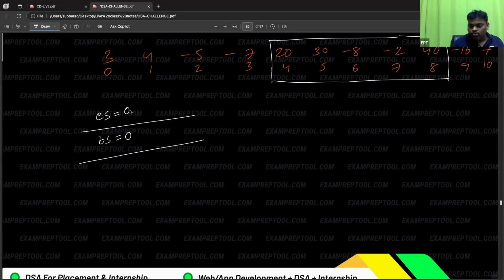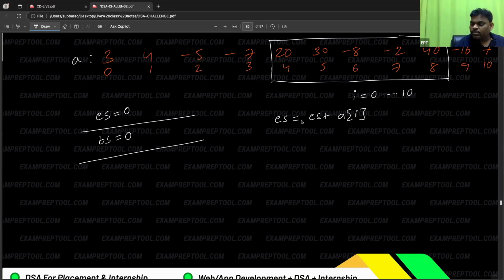Initially this is it. Now what you do is take the first element, I value 1. Every time sum is equal to every time sum plus A of I, where the array name is A and I ranges from 0 to 10.